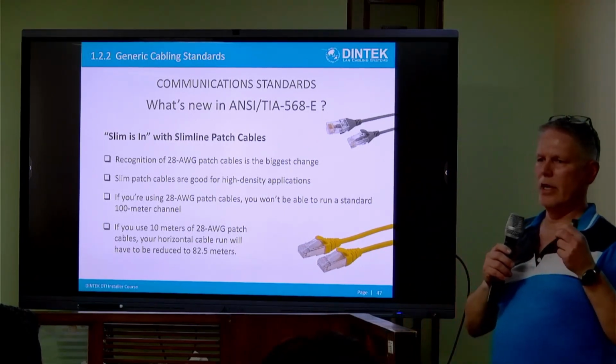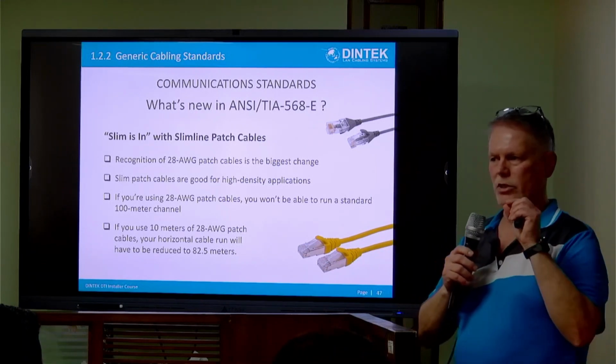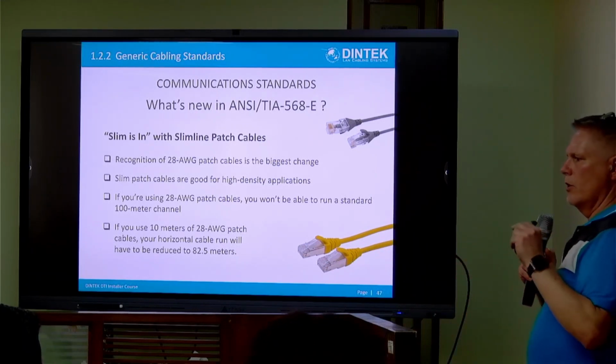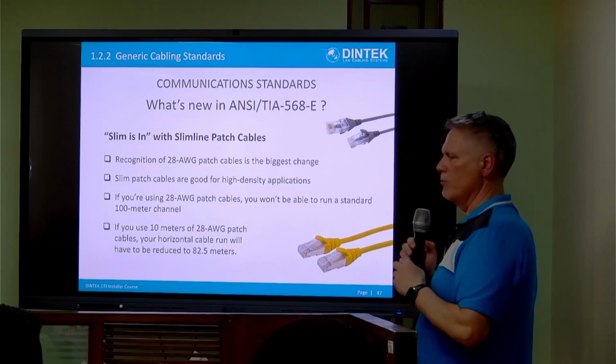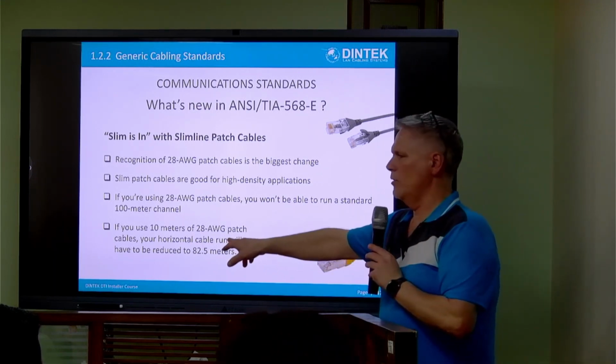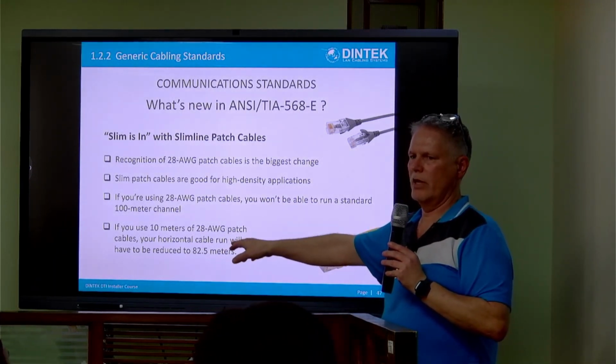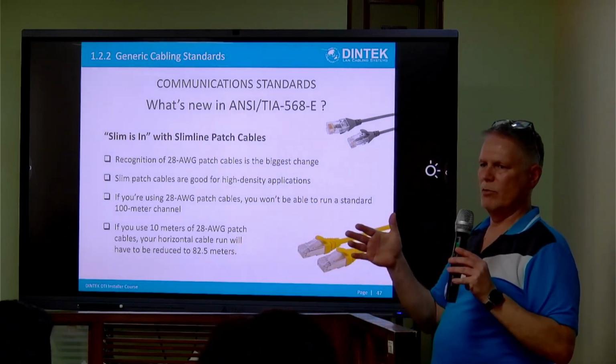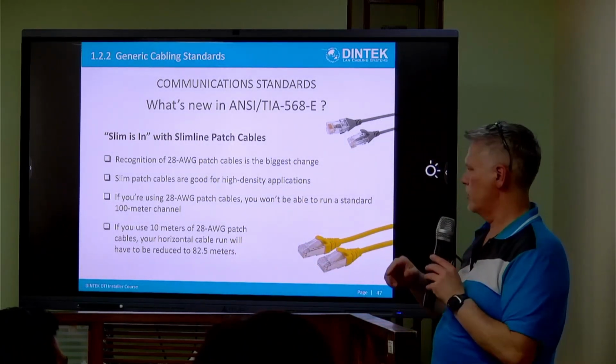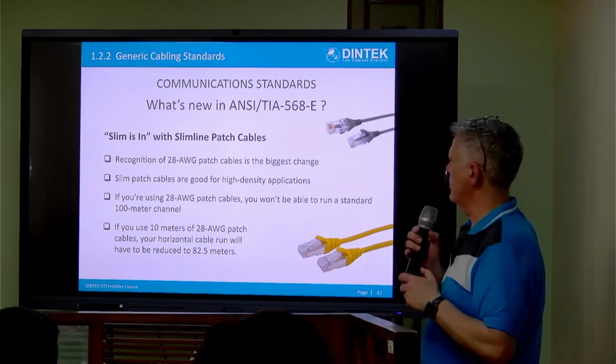Because you're using a higher gauge cable, which is a thinner wire, it's going to cause greater losses in that cable. So if you're going to use 10 meters or above of this cable, you have to shorten the maximum length of the horizontal cable to install. And that was all put into the new standards.